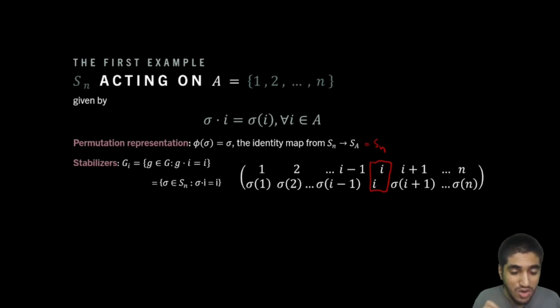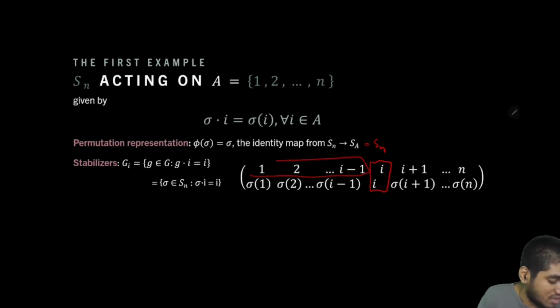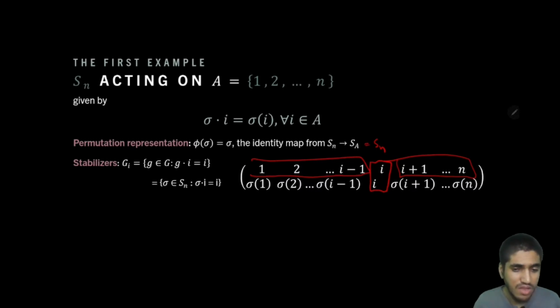Note that the collection of permutations where sigma fixes i, where we are permuting all the other n minus 1 numbers, can be more precisely said as Gi is isomorphic to Sn minus 1. Sn minus 1 will not be equal to Gi, but they will share the same properties.